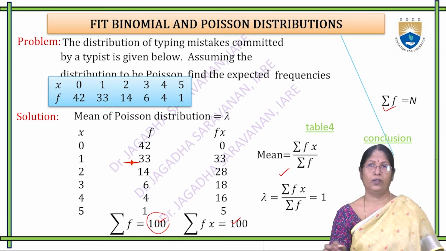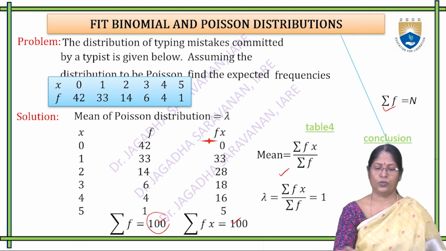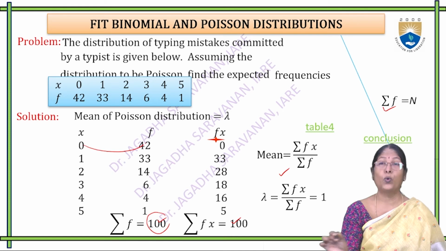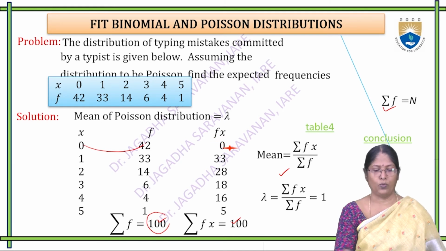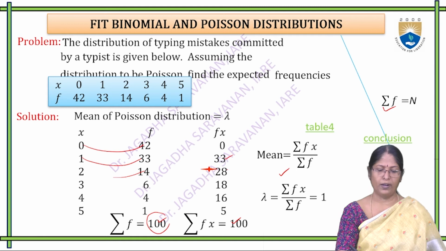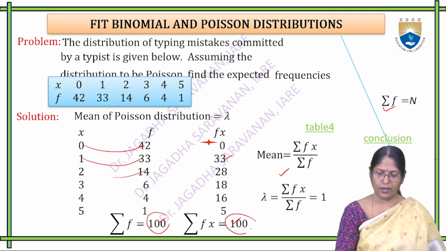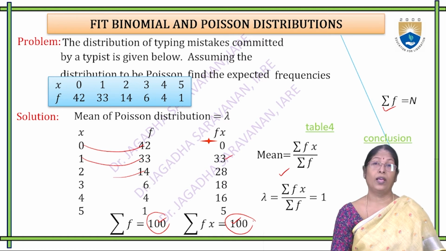Next, we move to fx: 0 into 42 is 0, 1 into 33 is 33, 2 into 14 is 28. Similarly, the other data is also done, and we obtained summation fx as 100.